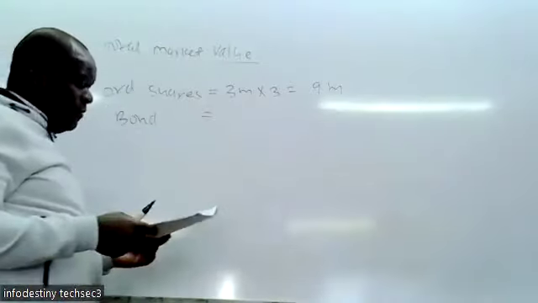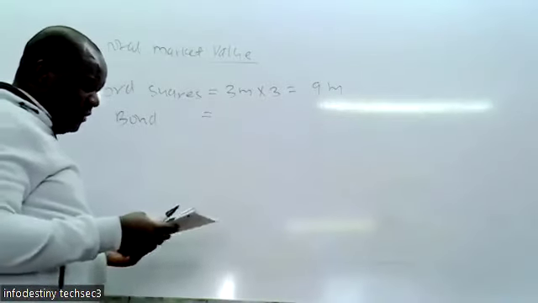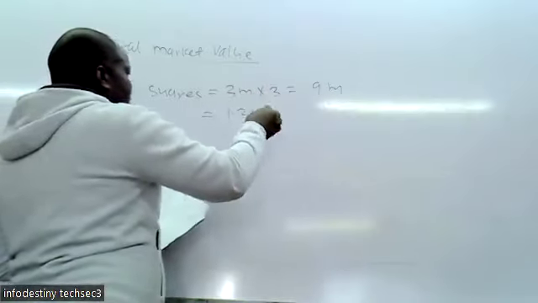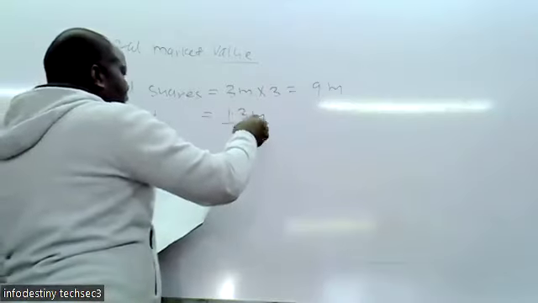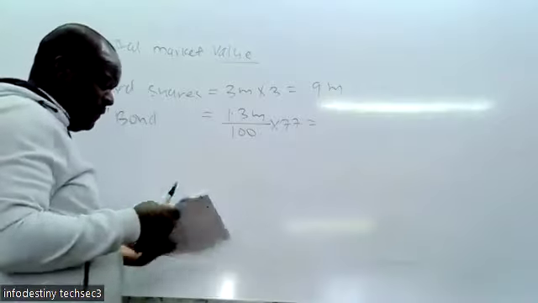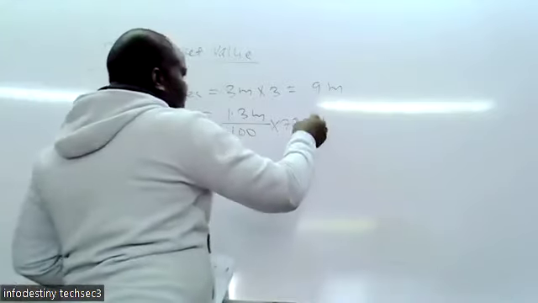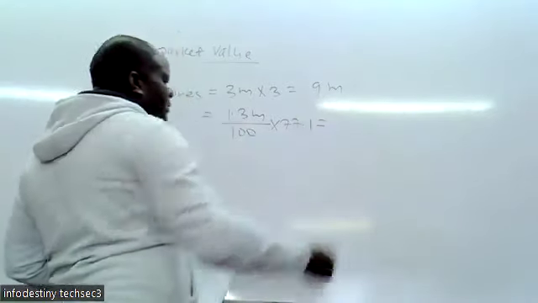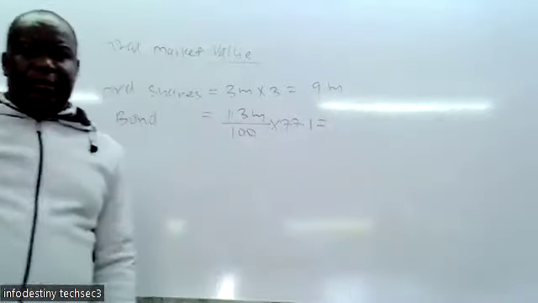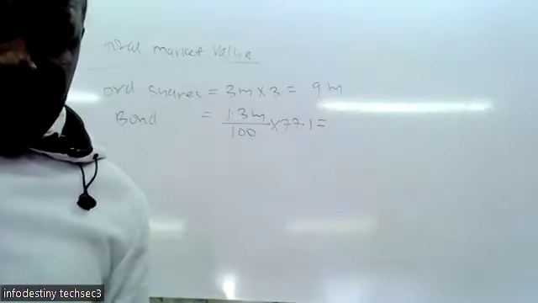For the bonds, the 7% bond was worth 1.3 million. 1.3 million divided by 100, multiplied by the current market value of 77.1. Sorry, I omitted the 0.1, so confirm that part. When you are calculating, remember to include 77.1. I just gave you 77.